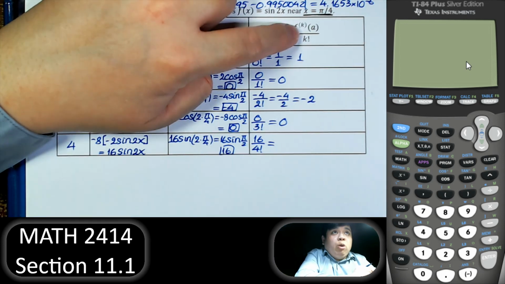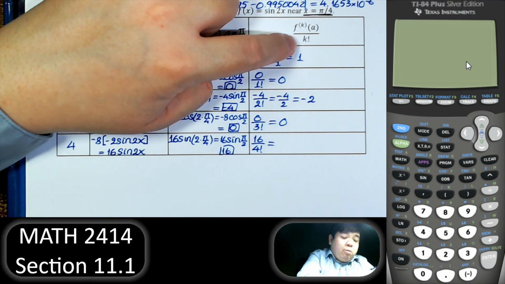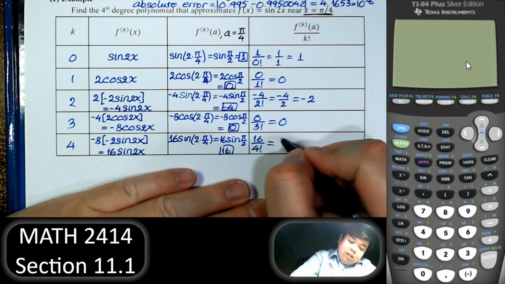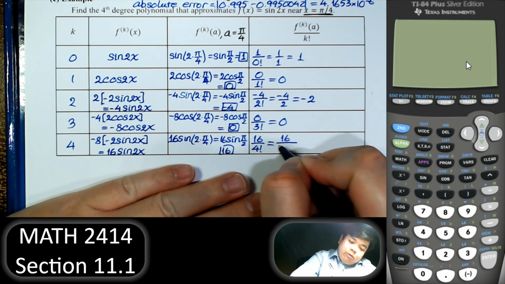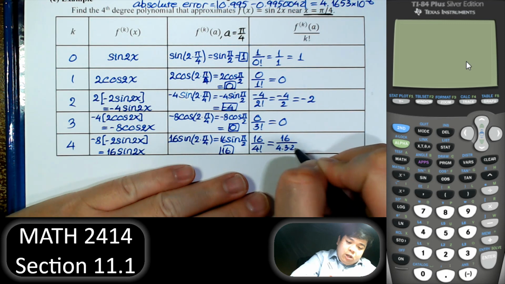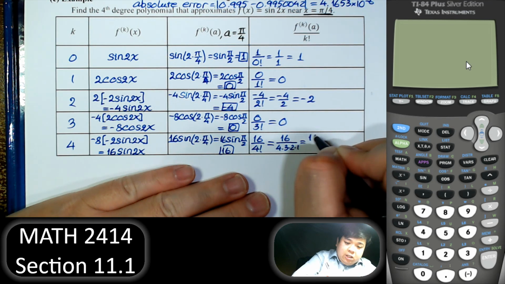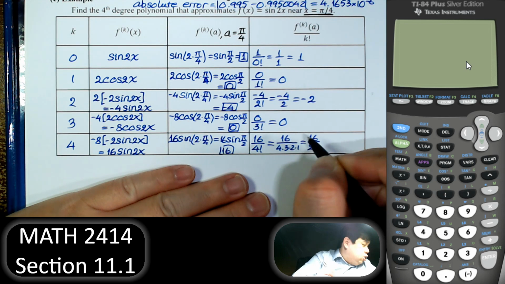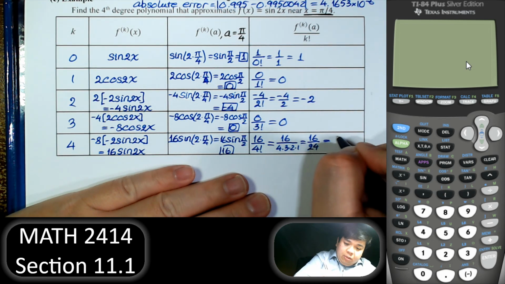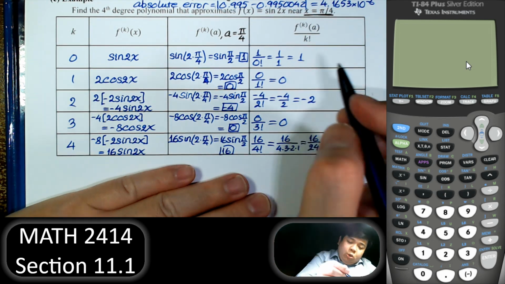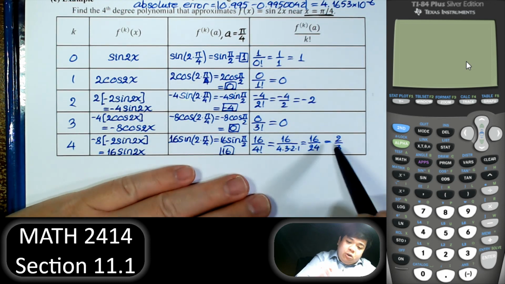So the order of the derivative is the same as the factorial. 4 factorial is 4 times 3 times 2 times 1, which is 24. 16 over 24 is 2/3. So the coefficients are 1, 0, negative 2, 0, and 2/3.